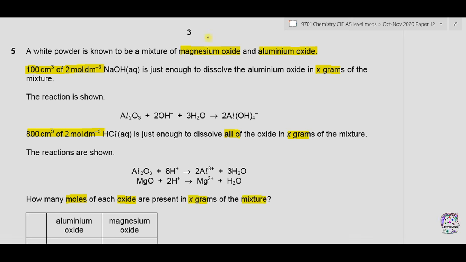In the question we have a white powder of MgO and Al2O3. We can find the number of moles of sodium hydroxide from the concentration and volume. So n is equal to concentration times volume in decimeter cube. Concentration is 2 mole per decimeter cube and volume is 100 centimeter cube, which can be changed into decimeter cube by dividing by 1000. So the number of moles of sodium hydroxide will be equal to 0.2 mole.